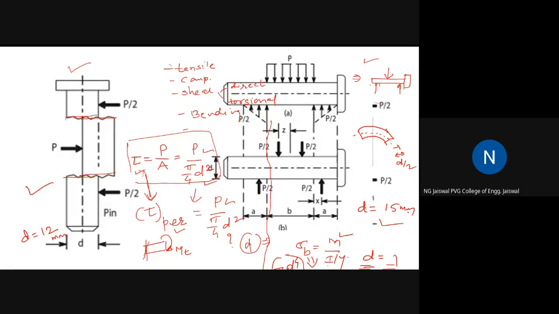Then in your design process for further calculation, you will suggest the diameter of the pin to be 15 mm, because if you take 15 mm, it will be suitable for bending as well as for shear. So these two types of failures can occur in a single component.